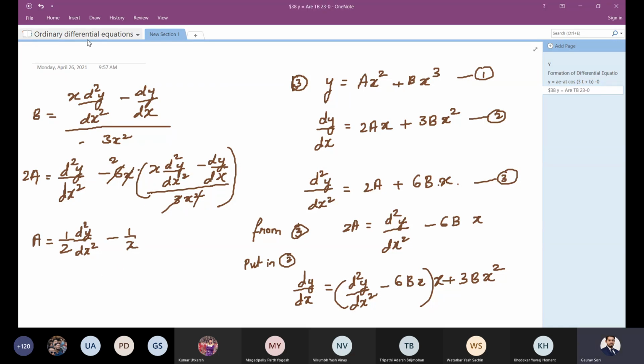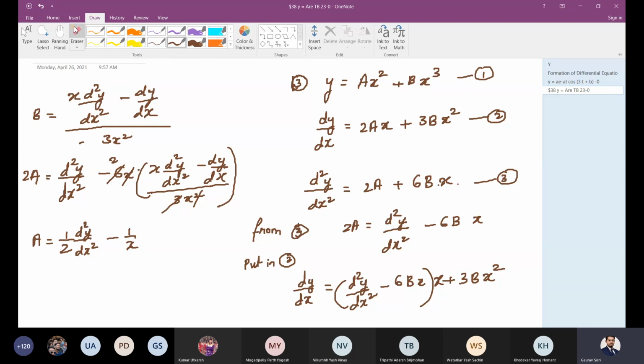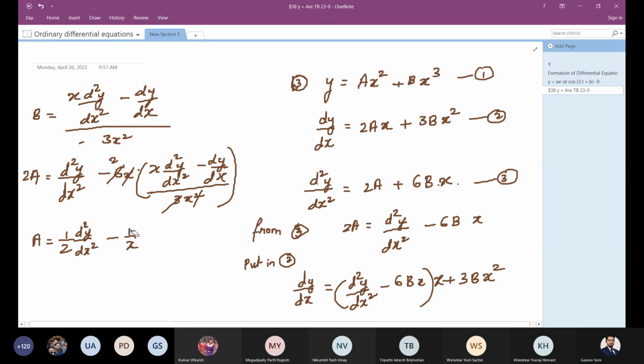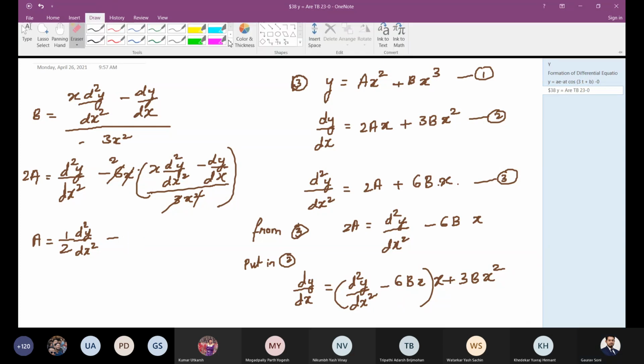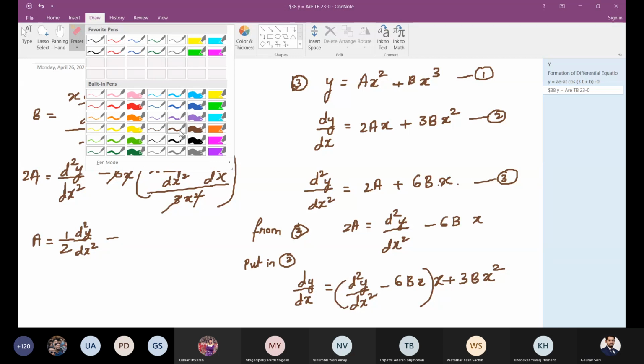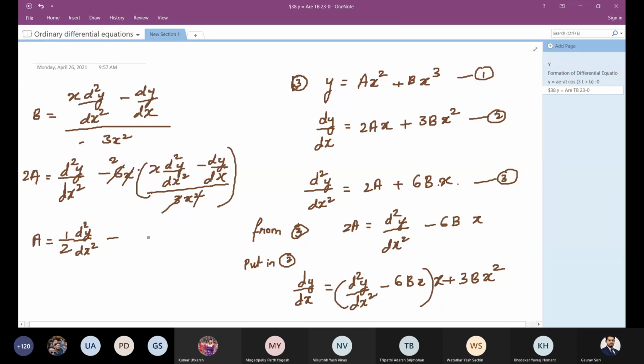So 1x from the first term will also get cancelled out, so minus d2y by dx square plus 1 by x dy by dx.